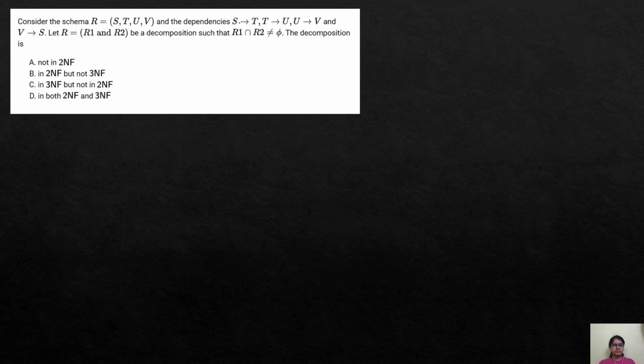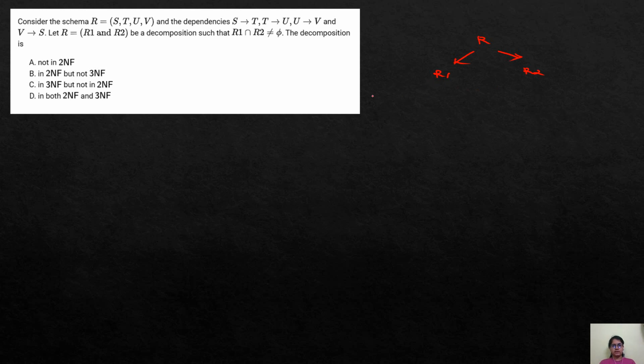Let's move to the next question. So here the question says: consider the schema R with attributes S, T, U, V, and the dependencies S determines T, T determines U, U determines V, and V determines S. Let R be decomposed into R1 and R2.